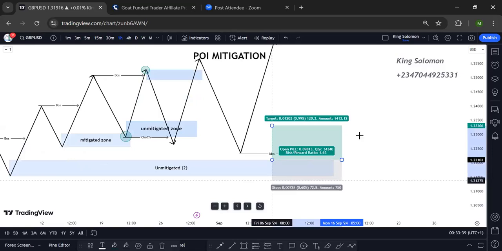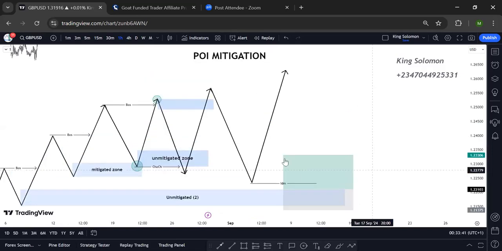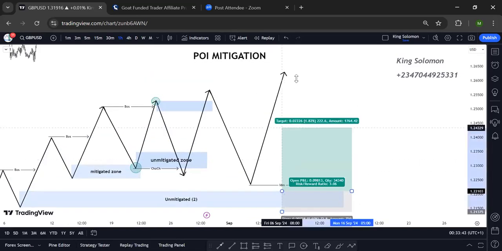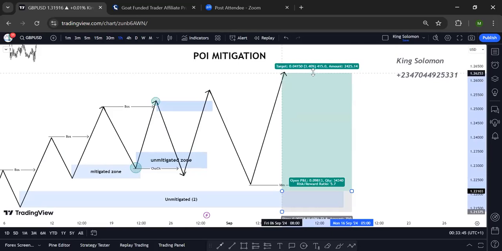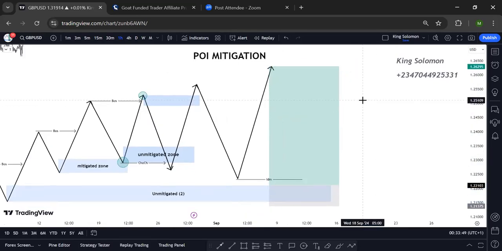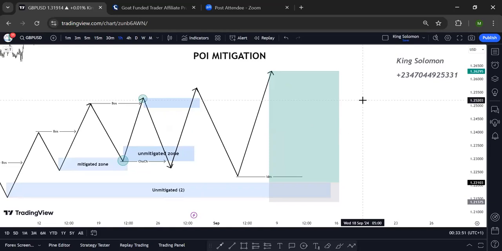You don't only want to work with liquidities alone, right? Trust me, you don't want to work with liquidities alone. You want to work with your POI mitigations as well, right? So understanding your POI markings, marking out your POI correctly, is going to give you an upper hand of understanding what the market is doing when it comes to liquidity formation, right?